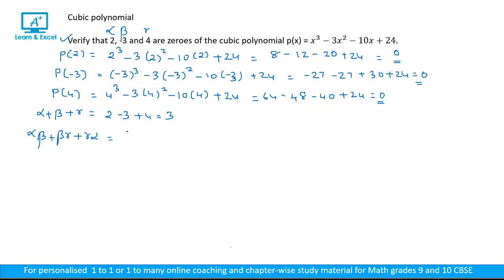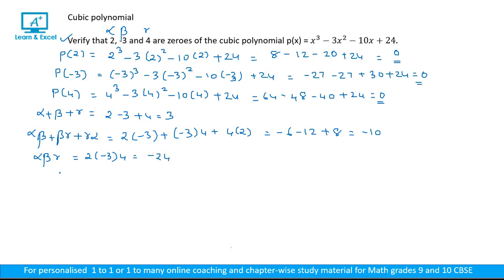This will be equal to 2 into minus 3 plus minus 3 into 4 plus 4 into 2. So we will have minus 6 minus 12 plus 8, which is equal to minus 10. Let us find alpha beta gamma. So it will be 2 into minus 3 into 4, which is equal to minus 24.